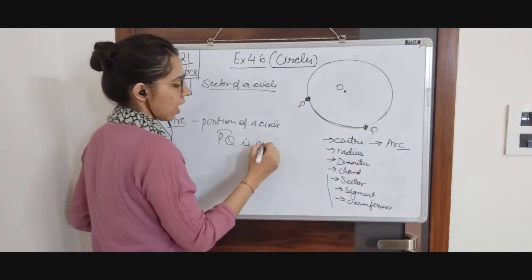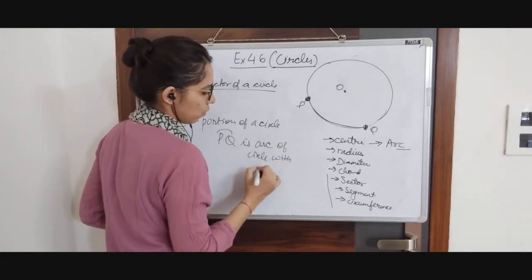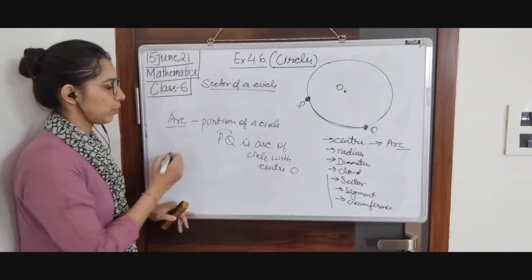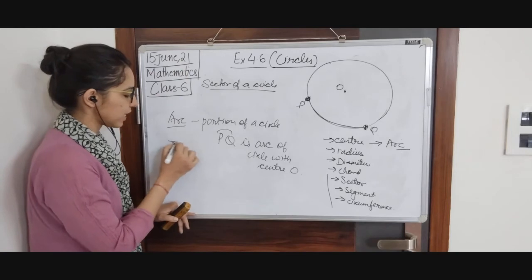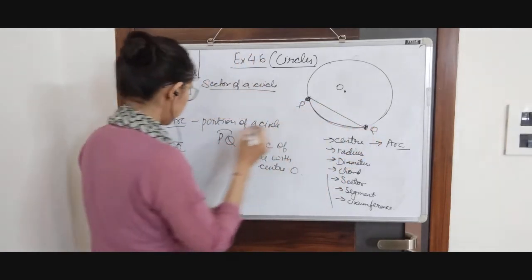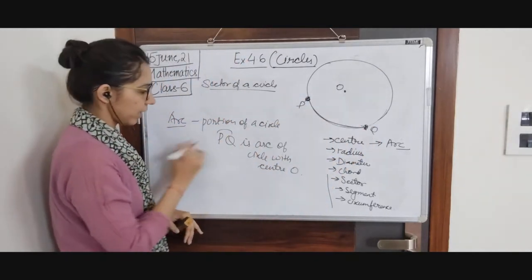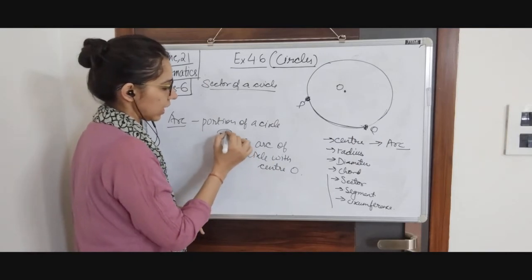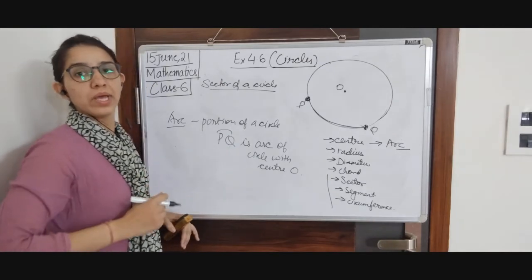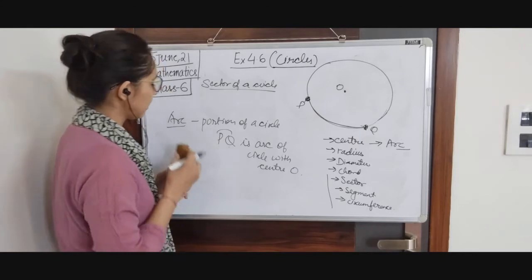PQ is an arc of the circle with center O. As we used to represent the PQ line segment as this, to distinguish between the PQ line segment and this arc, we use a curved line over PQ. If there is a curved line over two capital alphabets, it means we are talking about an arc of a circle. This is an arc.